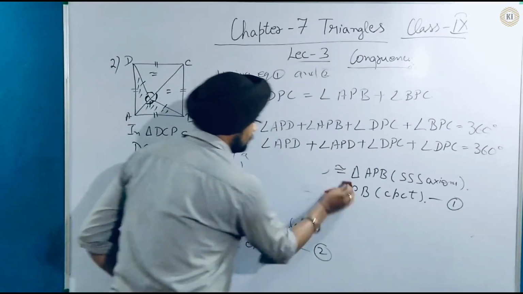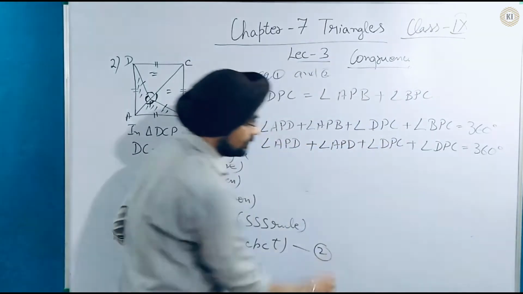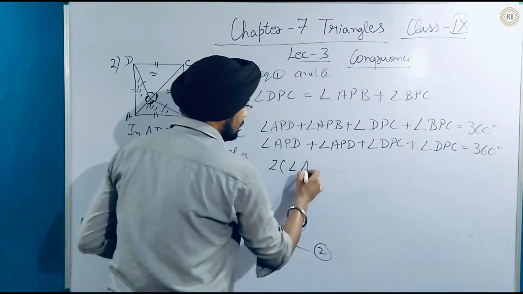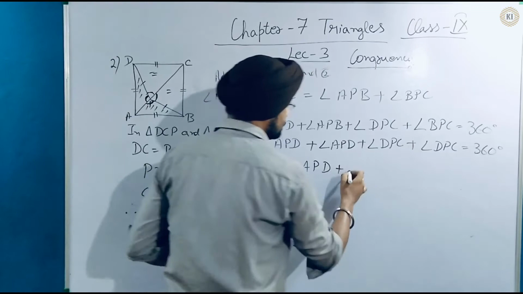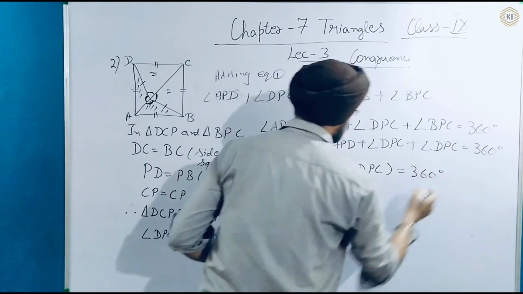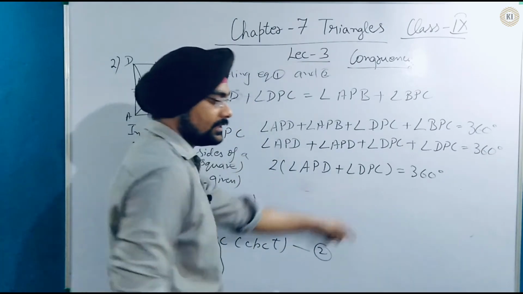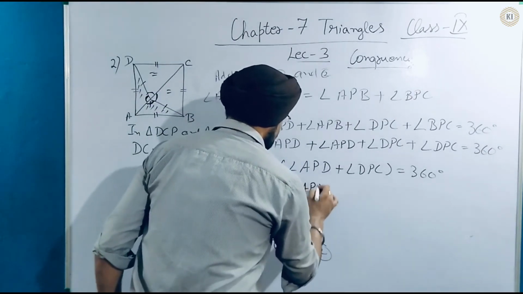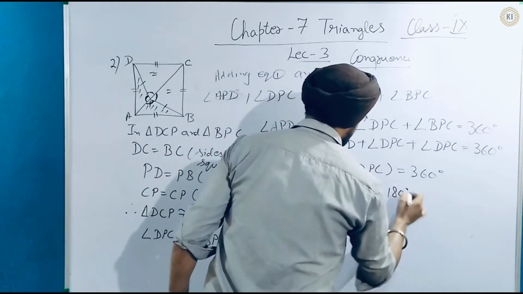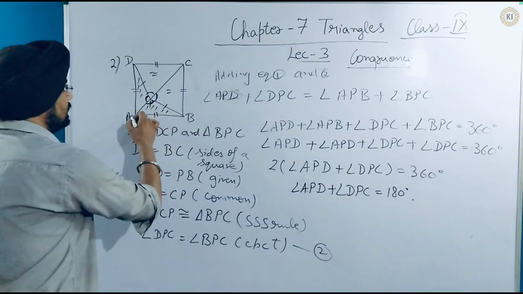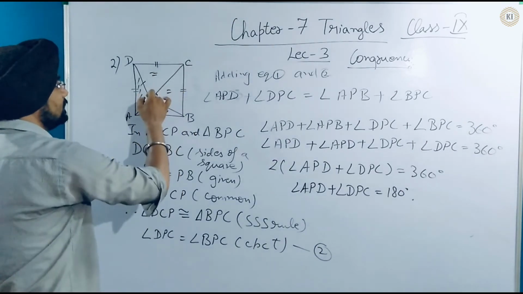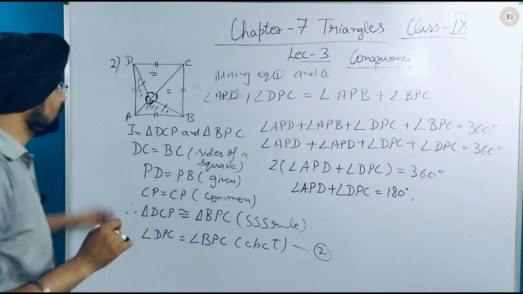Now when you add it, we can take 2 common: 2 times angle APD plus angle DPC is equal to 360. So 2 will go into the division, so angle APD plus angle DPC will be equal to 180 degrees.